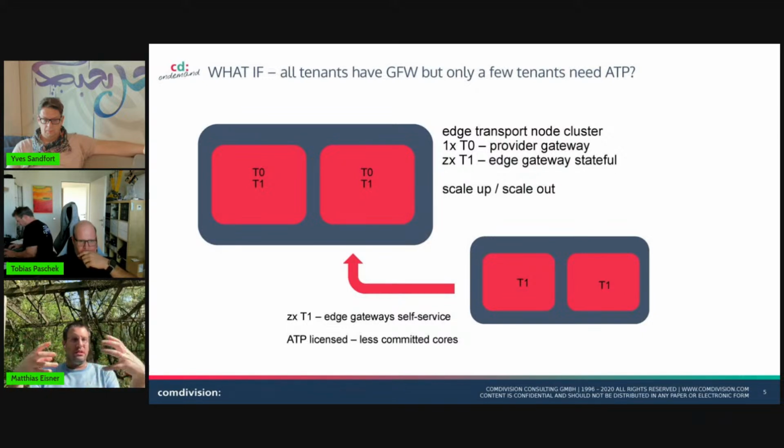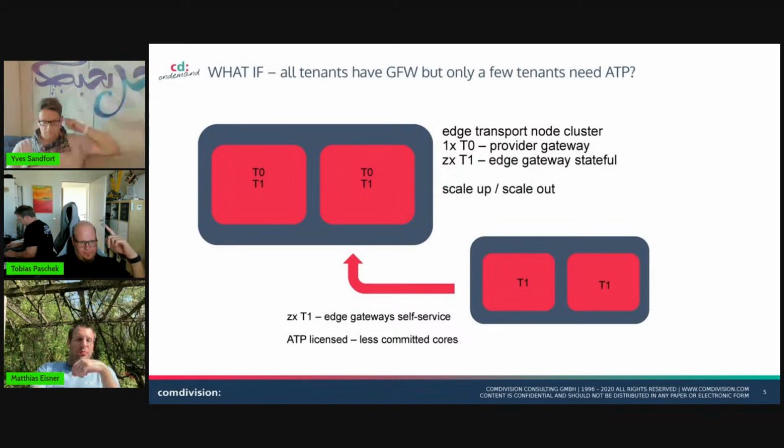It can be scaled up. So we increase the size of the edge transport nodes. We can also scale out, add additional edge transport nodes. But again, it's only licensed gateway firewall. Yep. And then you have the add-on for the ATP stuff, because in the gateway firewall there is no IDS/IPS. Exactly.